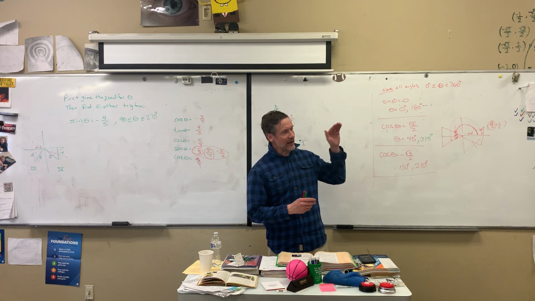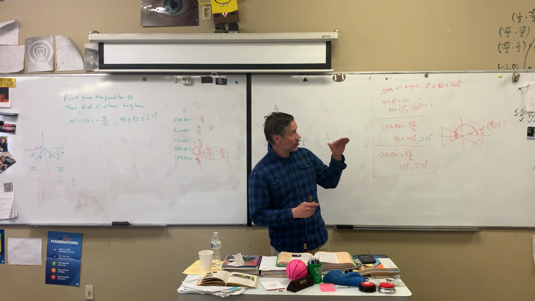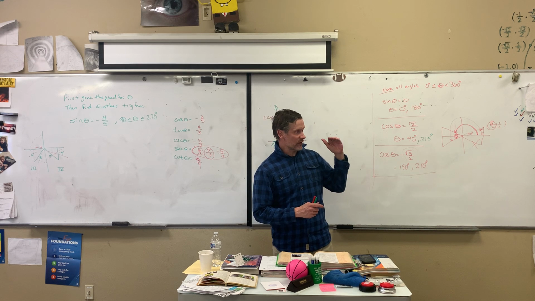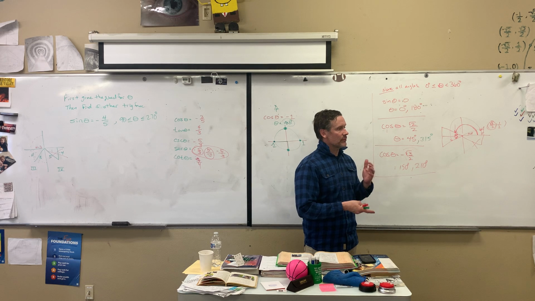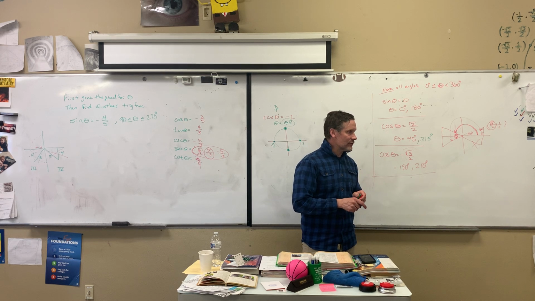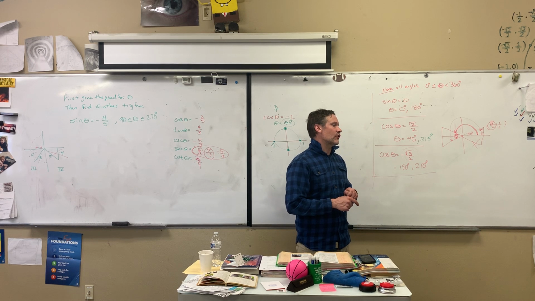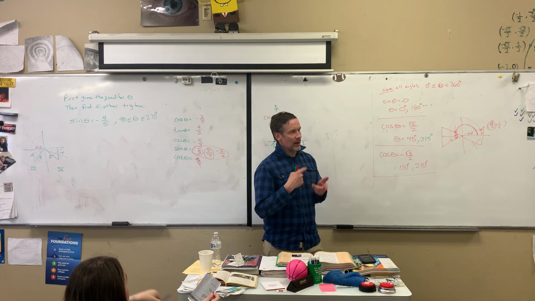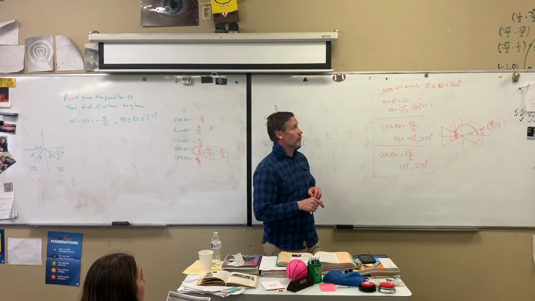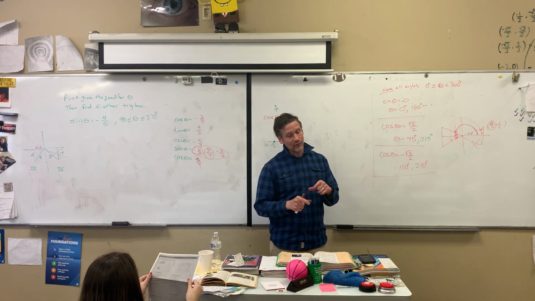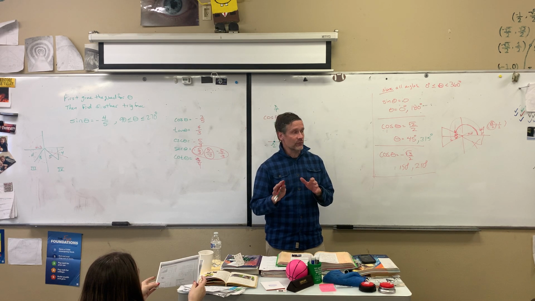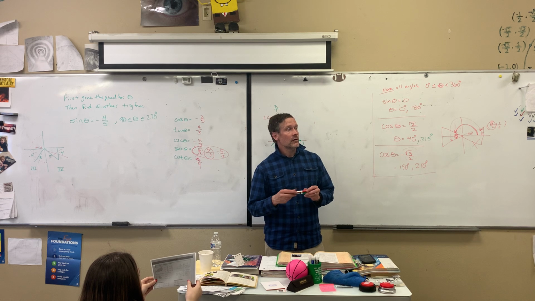I'll discuss the radians and how to memorize pi over 6, pi over 4, because it looks a little complicated. Because there doesn't appear to be a great pattern, but there's a really nice pattern too. So I'll discuss that. Unit circle quiz will be Friday maybe. Because tomorrow I'll give you how to memorize the radians without the pattern.